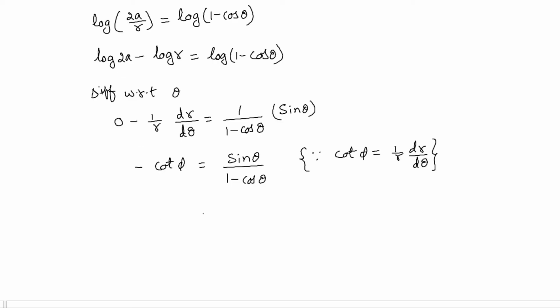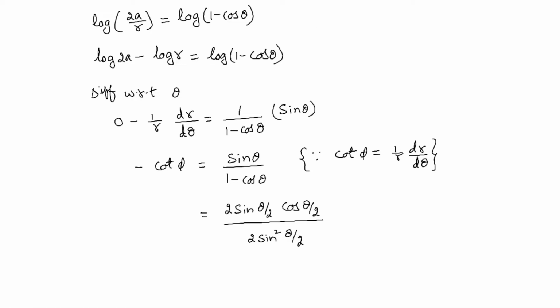So if you try to simplify over here, sine theta in terms of half angle can be written as 2 sine theta by 2 into cos theta by 2, whole divided by 1 minus cos theta, which can be written as 2 sine square theta by 2. Now let us try to cancel out the numerator and the denominator values.